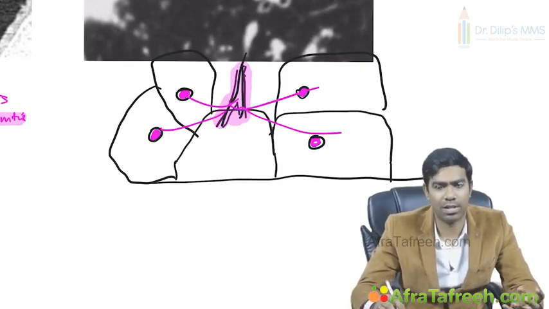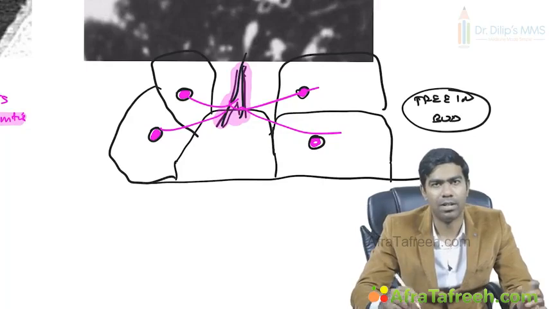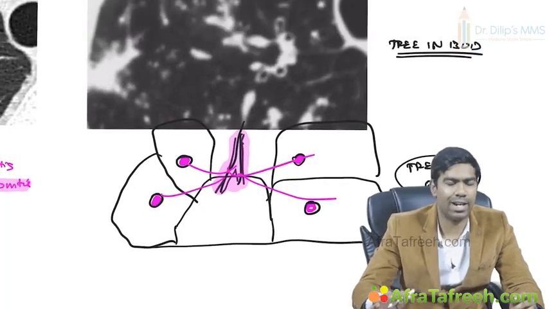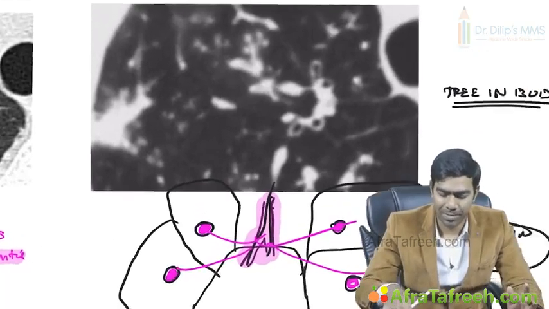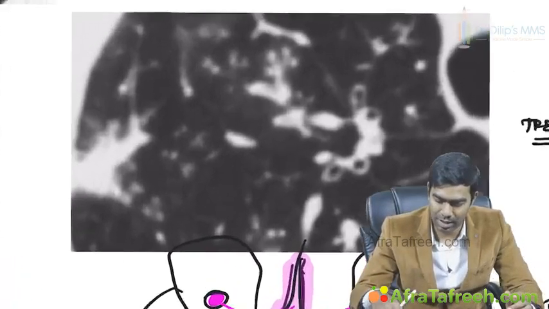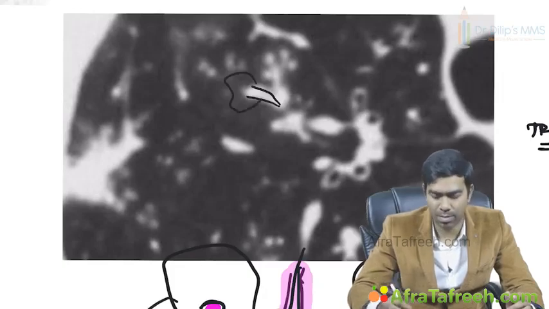This is a focus of infection actually, and this is what we refer to as tree in bud appearance, because it looks like a tree and a bud. Very characteristic, in India it is TB. The moment a radiologist sees tree in bud appearance, he will think of TB only in India, first thing. You can see very clearly here, this is the bronchus that is supplying a particular secondary pulmonary lobule that is plugged with secretions.